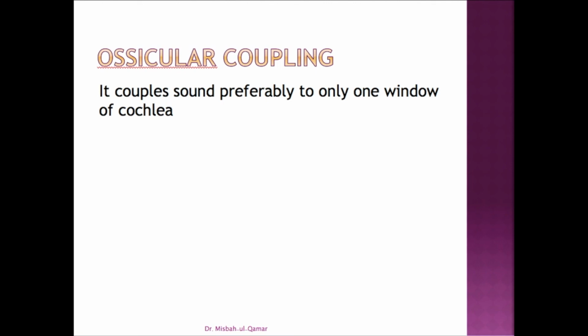There is always a preferential pathway to the oval window, and that is because of the ossicular chain. So this phenomenon couples the sound preferably to only one window of the cochlea, as a result of which a differential pressure is produced between the two windows, and that is called ossicular coupling.